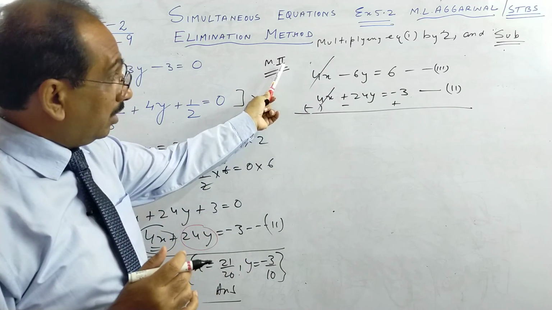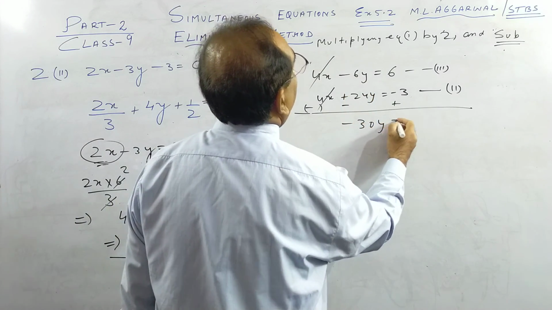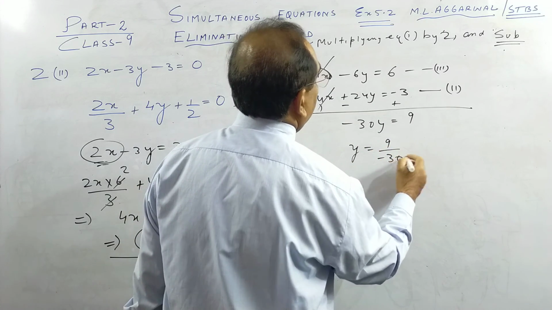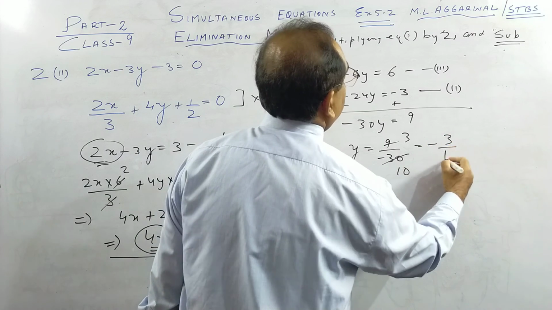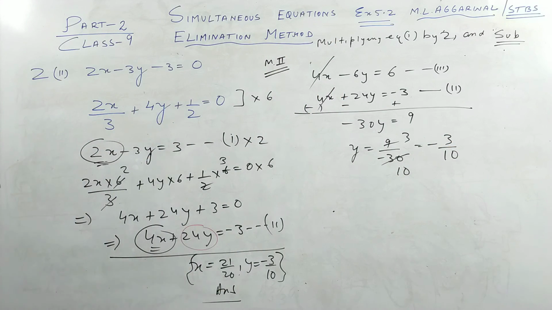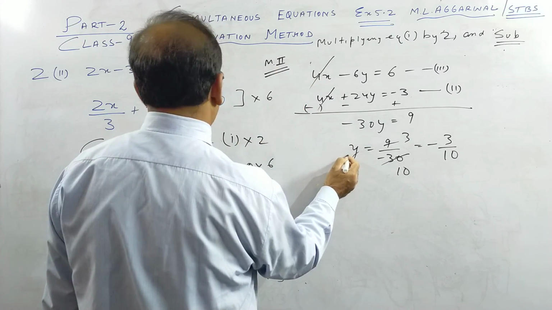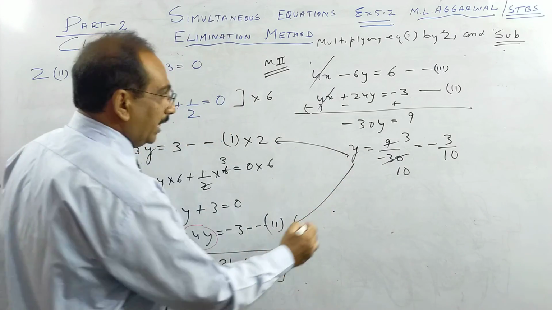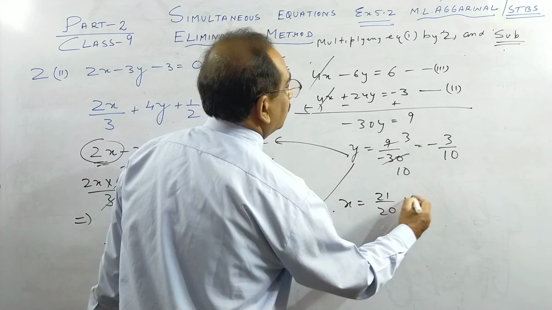In the previous method 1 I eliminated y. So what do you get? Minus 30y is 9. y is 9 by minus 30. If you cancel, you get minus 3 by 10. So y, as you see, is minus 3 by 10, and substituting y's value in any equation, either 1 or 2, you will get x as 21 by 20.